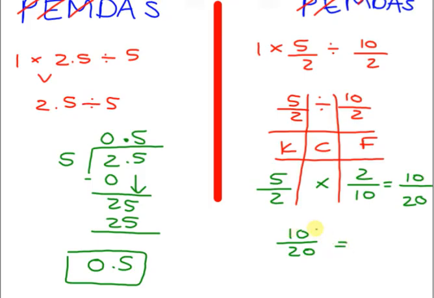And when I simplify that, I divide by 2. And that's going to give me, oops, I'm sorry, I don't divide by 2. Let's try that again, Miss Oates. I divide by 10. And that's going to give me 1/2. And 1/2 is the same exact thing as 0.5, just in decimal form and fraction form.